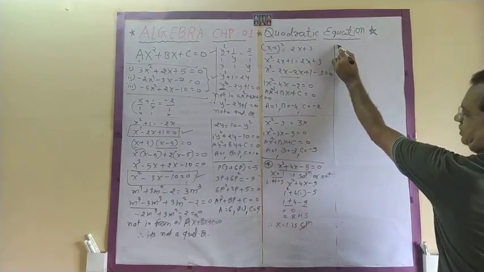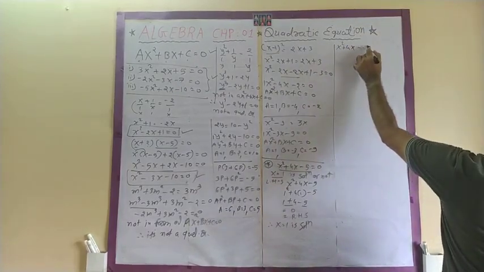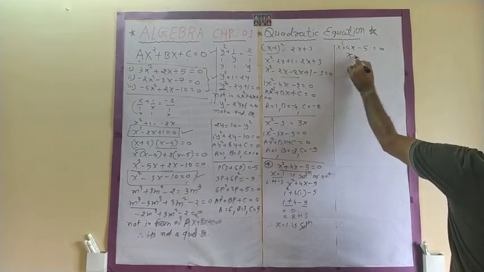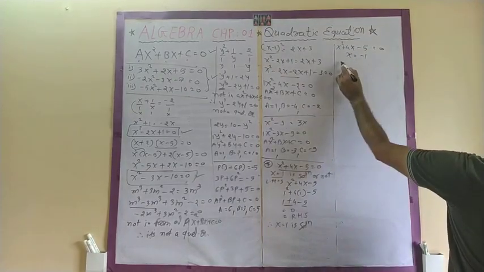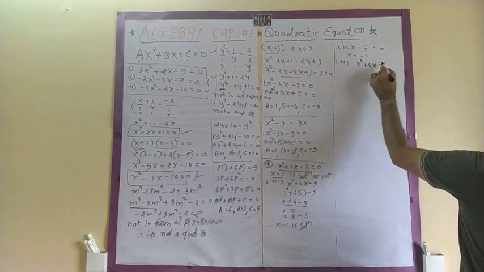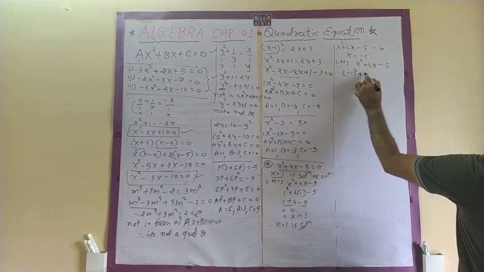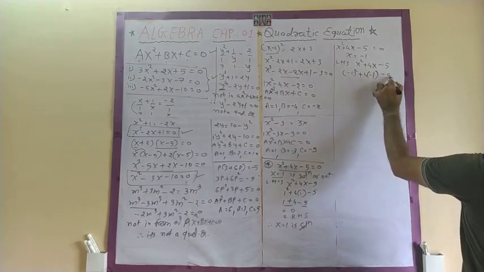Same for that, x square plus 4x minus 5, x is equal to given minus 1. So left hand side: x square plus 4x minus 5 becomes minus 1 square plus 4 into minus 1 minus 5.